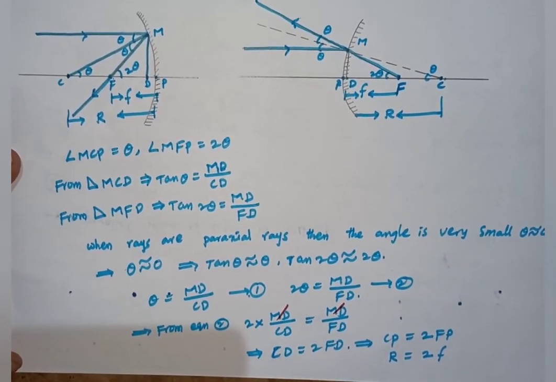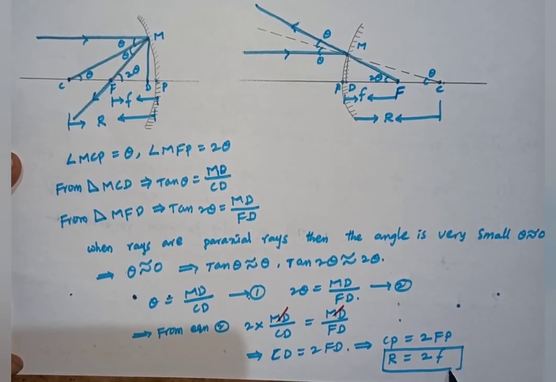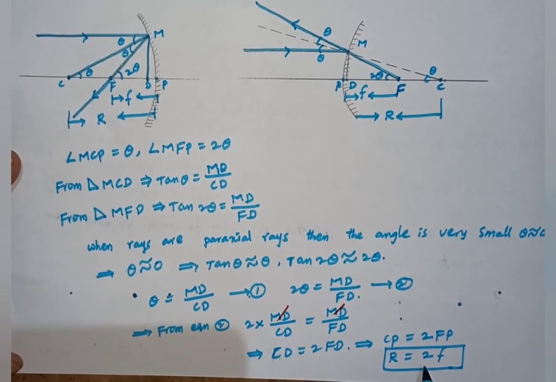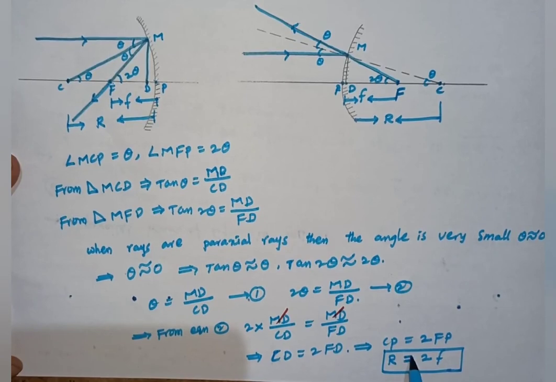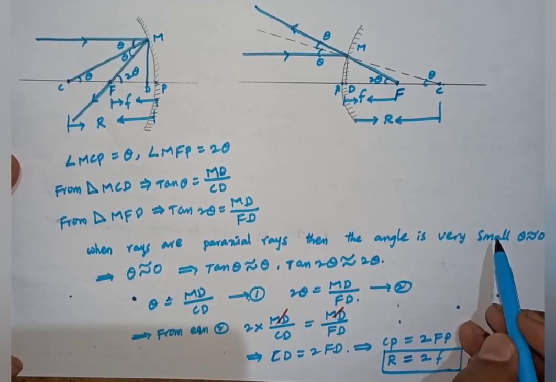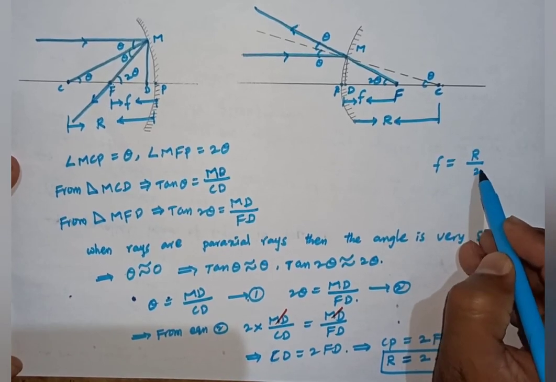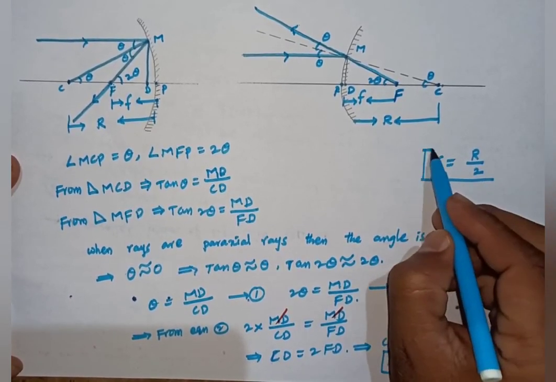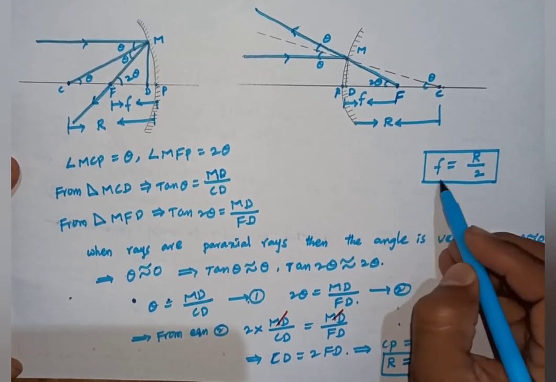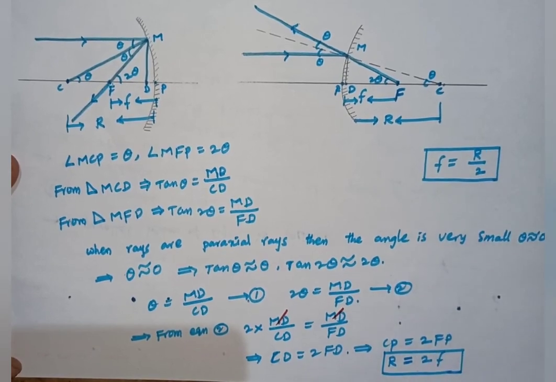So the relation between the radius of curvature and focal length is R equals 2f. This is the relation between focal length and radius of curvature. It is also written as f equals R by 2. So for both concave mirror and convex mirror, the focal length equals the radius of curvature by 2.